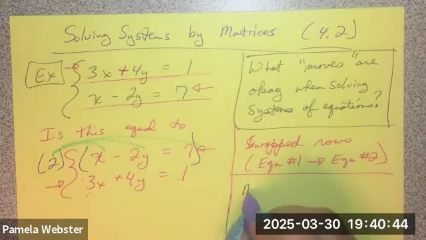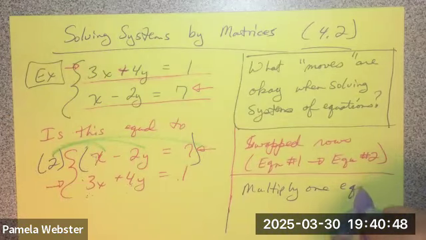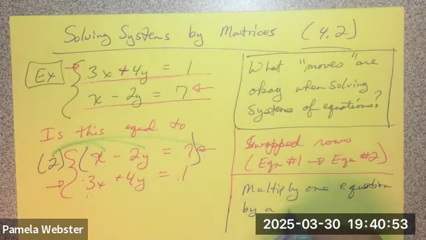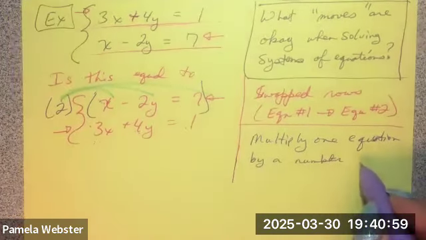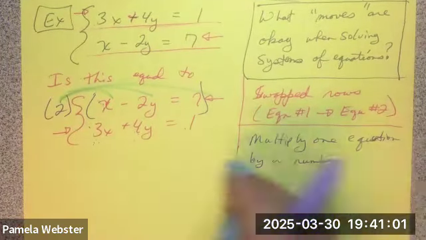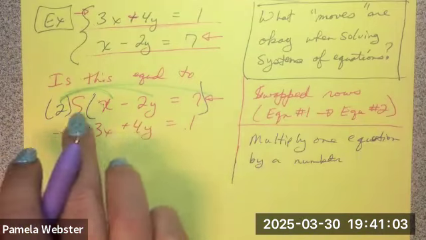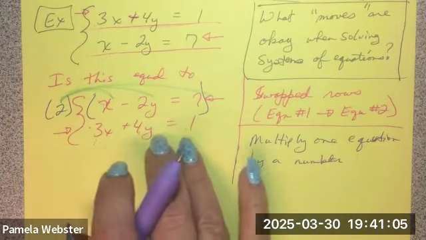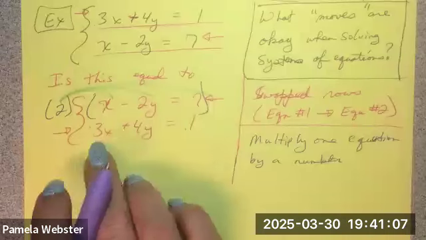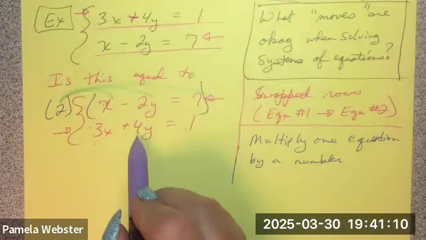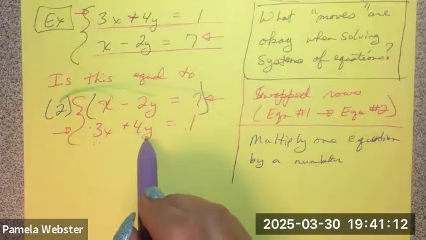Yes. I can multiply one equation by a number. We haven't done this, but you can multiply it by fractions. You'll see that as we go through the matrices. Instead of multiplying by 2, I could have multiplied the second row by 1/2, and 4 divided by 2 would be a positive 2.